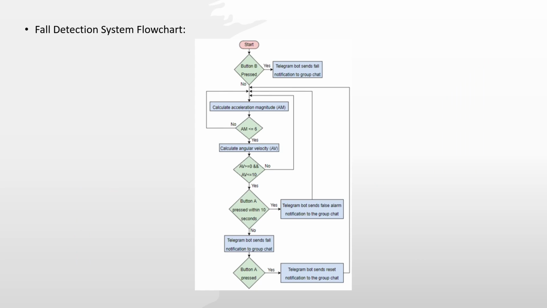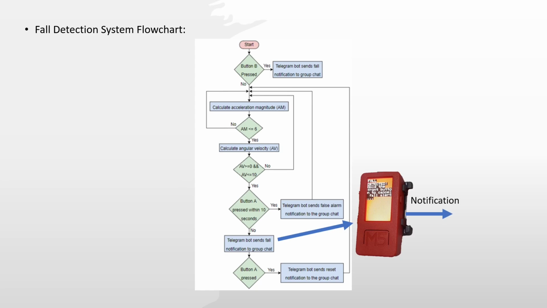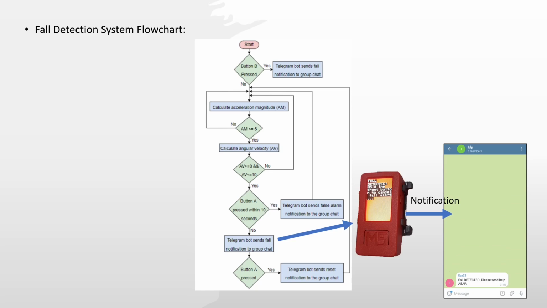If the buzzer has finished beeping for 10 seconds and the user didn't press the button A to cancel the fall detection system, the M560 Plus will continue and detect the fall and send the alert notification to the Telegram.